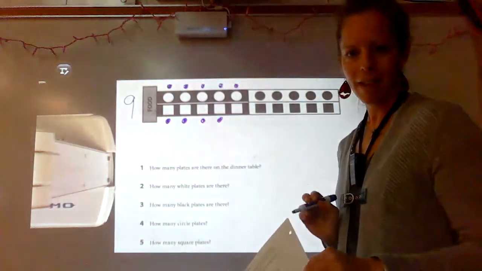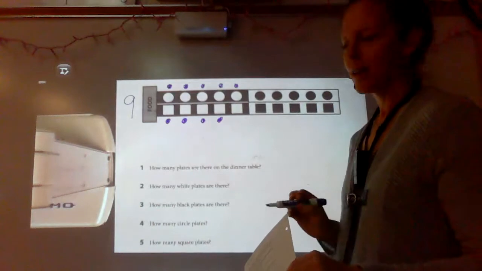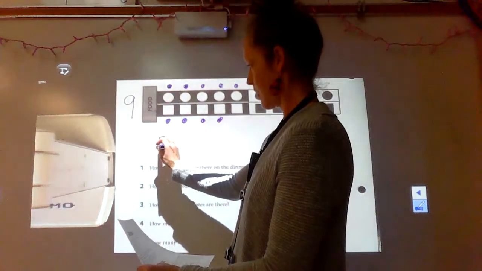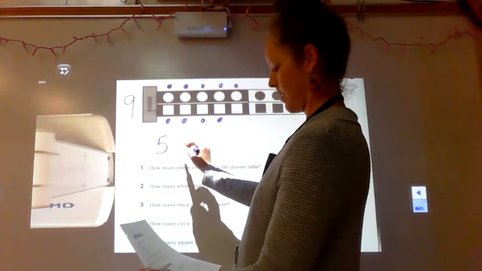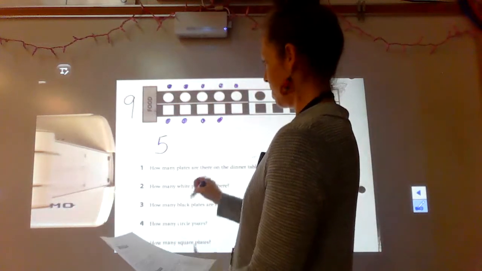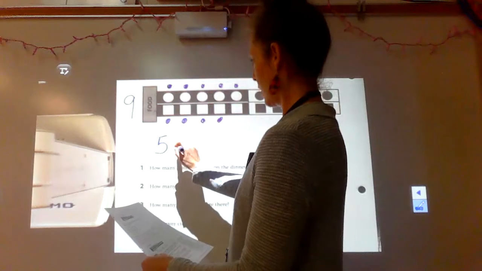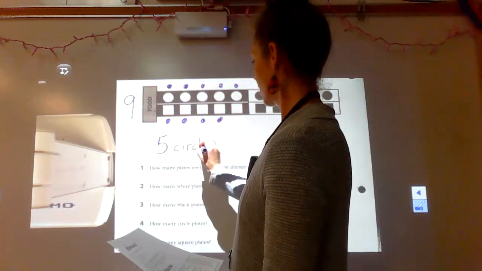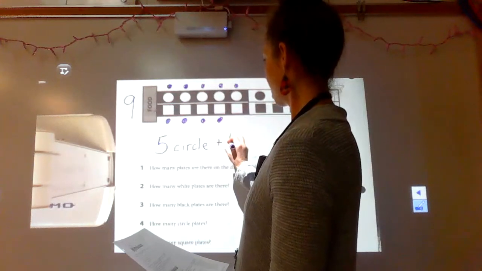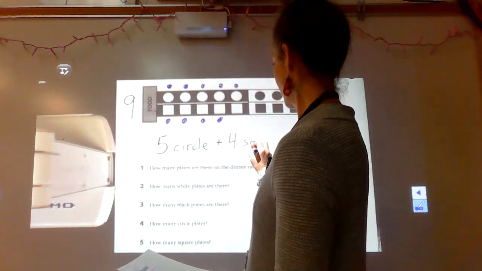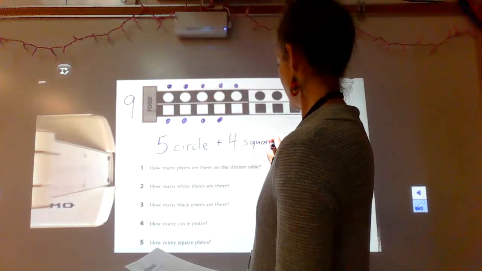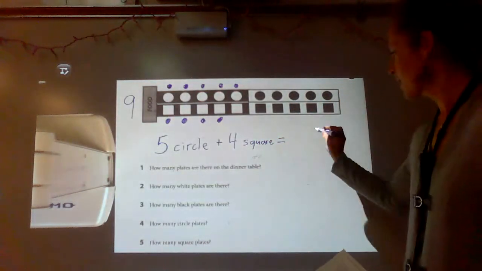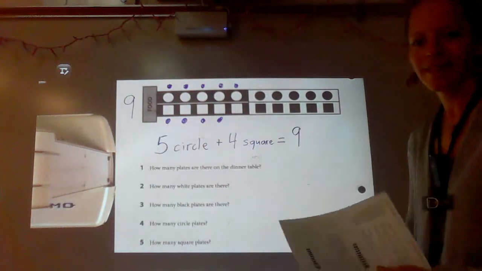Did anybody think of that one? And an equation for that would be 5, and now let's give them a shape. 5 circle plus 4 square equals how many in all? 9.